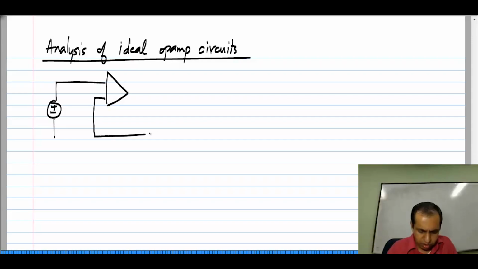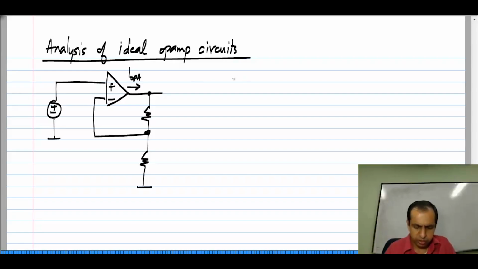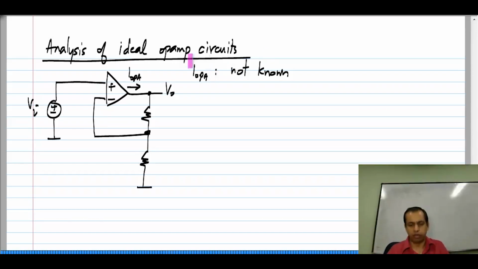Again, the problem is that we do not know what is the current at the output of the op amp. Okay. If I call this IOPA, IOPA is not known. Okay. That is, it is unrelated to the characteristics of the op amp.